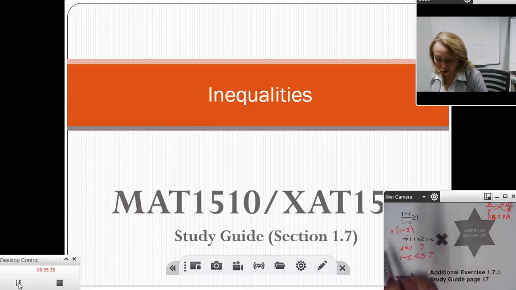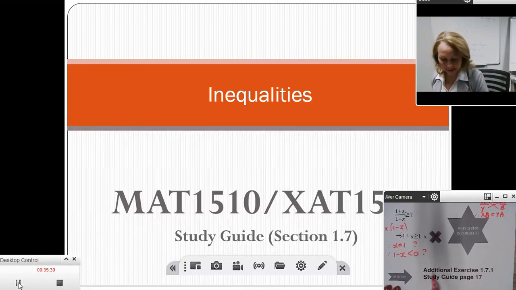So I would like you to try this very example. It is in additional exercise 1.7.1 in your study guide, page 17.